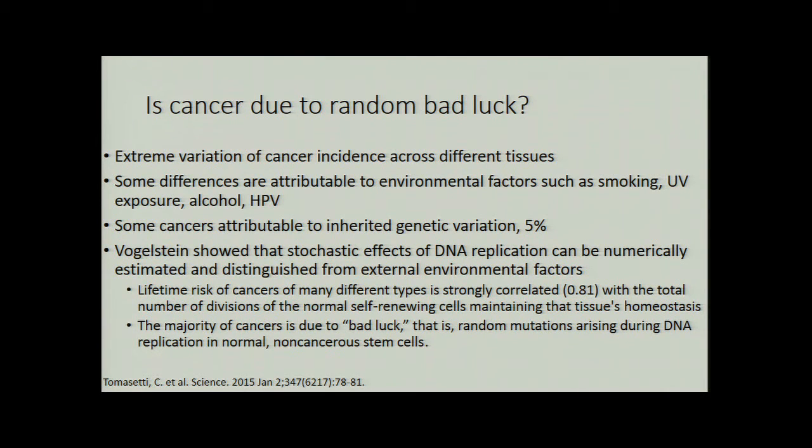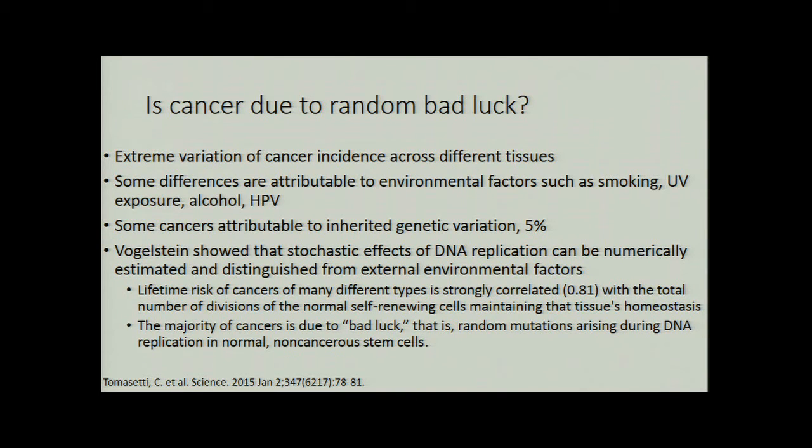It is noted that some cancers are attributable to inherited genetic variation, which is the topic of our grand rounds this morning, but historically this has been estimated to only be about 5% of cases. Vogelstein last year showed that stochastic effects of DNA replication can be numerically estimated and distinguished from external environmental factors.